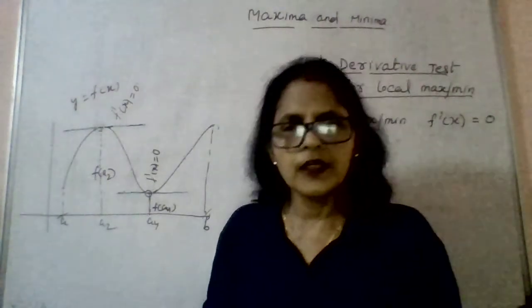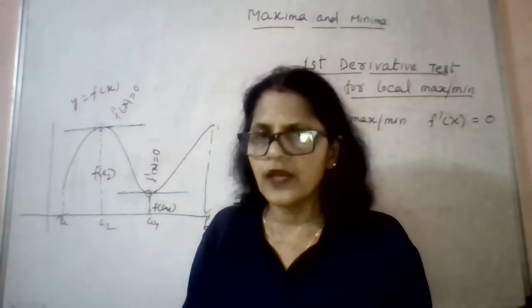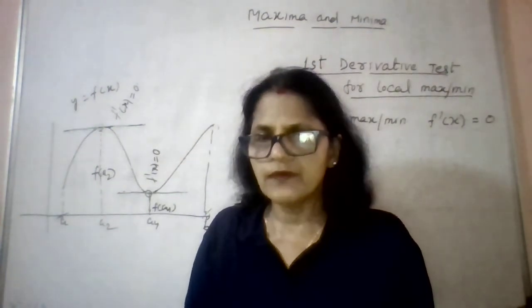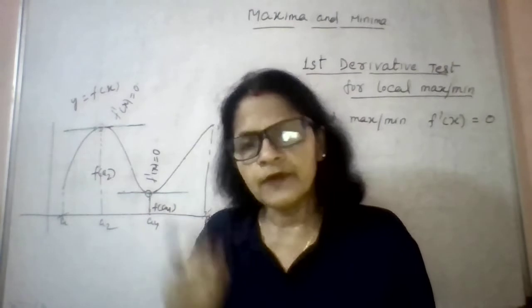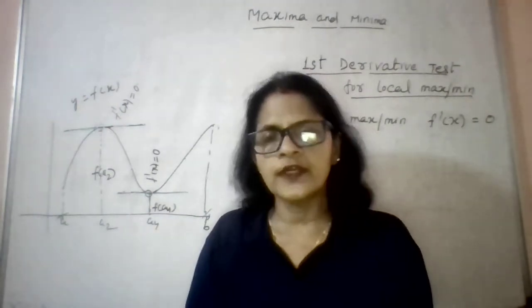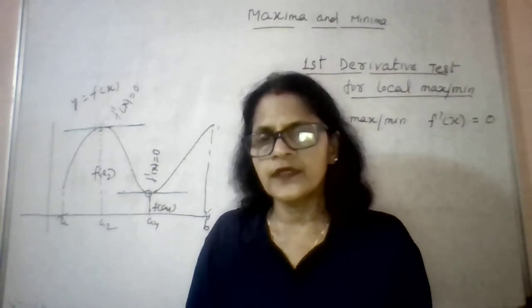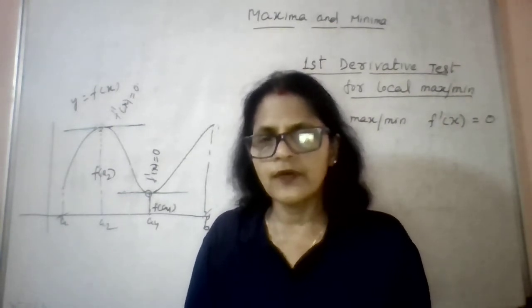It means, whether it is a point of local maximum or a point of local minimum, the first derivative is equal to 0. As you know, we defined critical points earlier, while studying increasing and decreasing functions. A critical point is a point at which the first derivative is equal to 0.